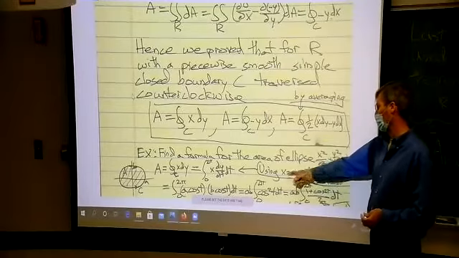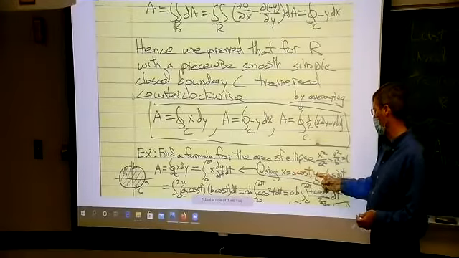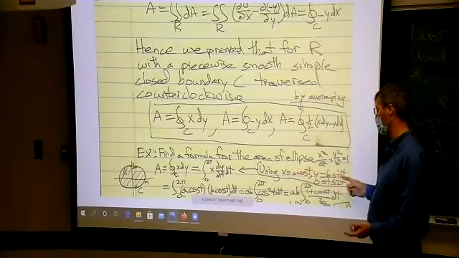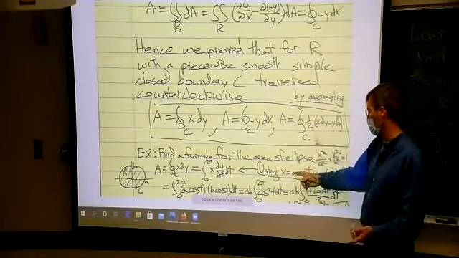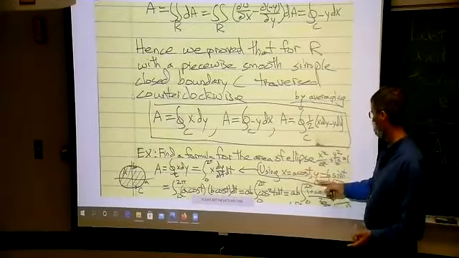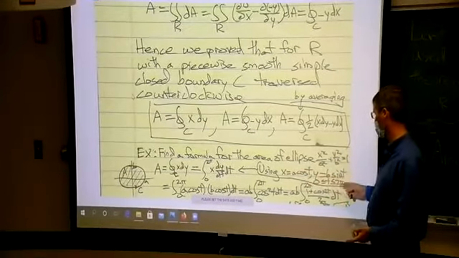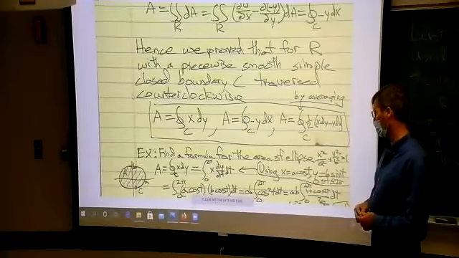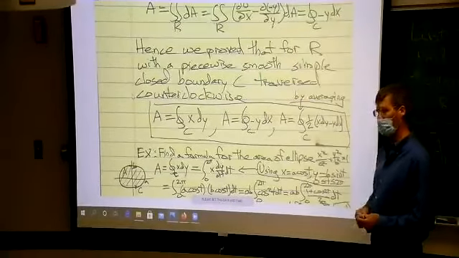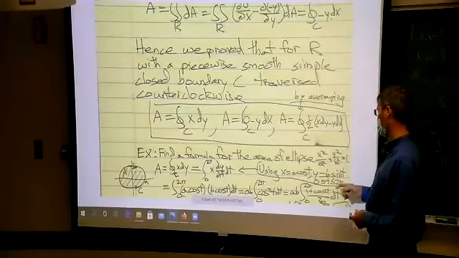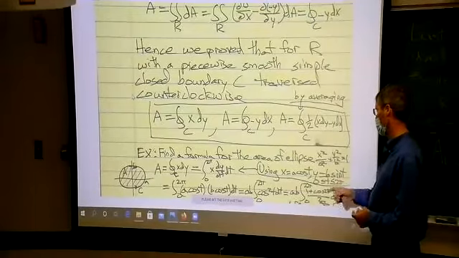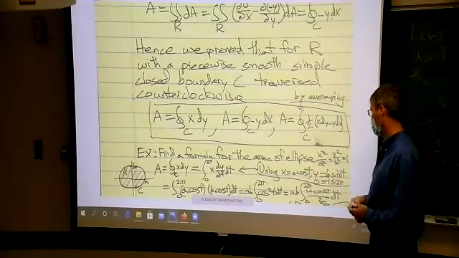A circle, you can put x equal a cosine t, y equals a sine t for a circle of radius a. For an ellipse, similarly, you can put x equals a cosine t, y equals b sine t, and now you'll travel around the ellipse instead of the circle. It's easy to show this goes around an ellipse.